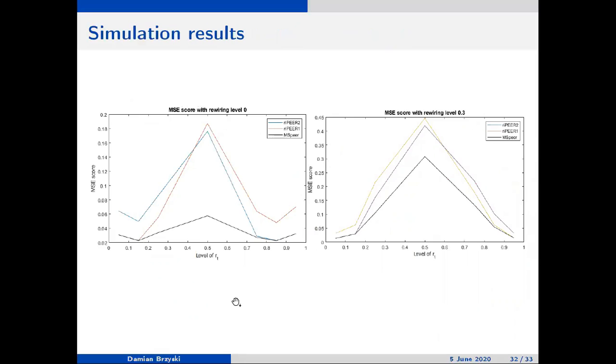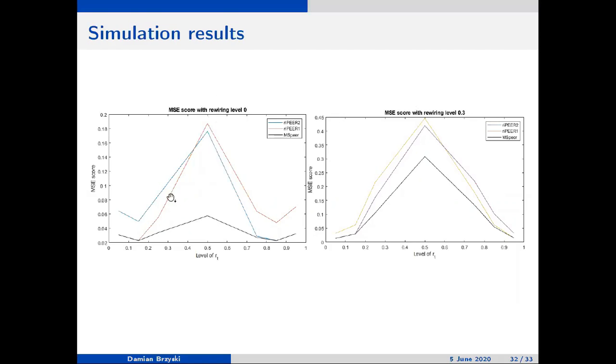So what happens here? Maybe I'll describe these plots. Once again, the x-axis represents the level of rewiring, so how much we destroyed this. I'm sorry, this is for a fixed rewiring level. Here is for rewiring level 0, and here is for 0.3.